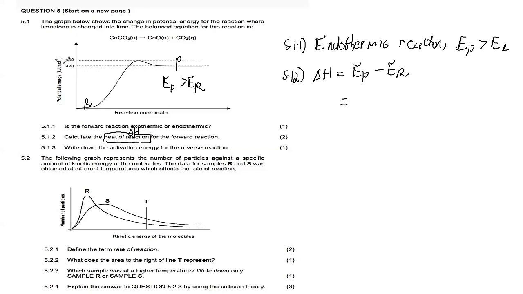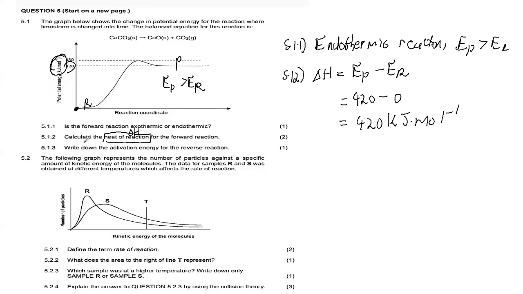We can see here that the energy of the product is 420, and the energy of the reactant is all the way here on the origin. So that's 420 minus 0, that's 420 kilojoules per mole. Where do we take this SI unit? We can see that it is given from here, right? So always mind what you are given there in your table. It always goes as your SI unit.